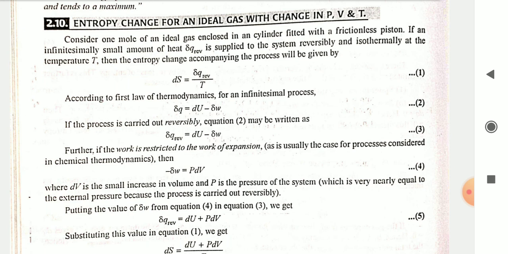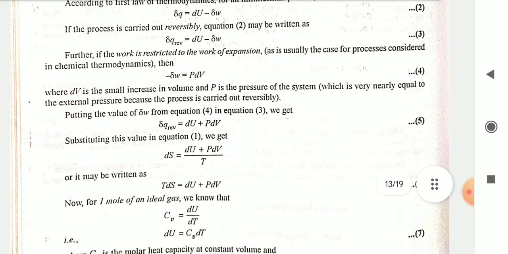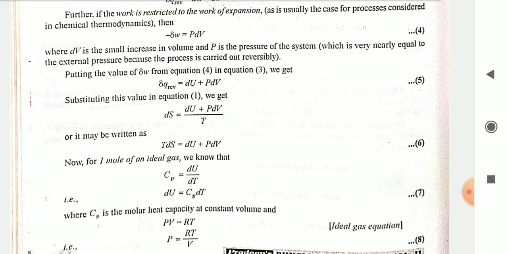Putting the value of dW from equation 4 in equation 3, we get dQ reversible is equal to dU plus PdV. Substituting equation 5 in equation 1, we get dS is equal to (dU plus PdV) by T. It may be written as TdS is equal to dU plus PdV.